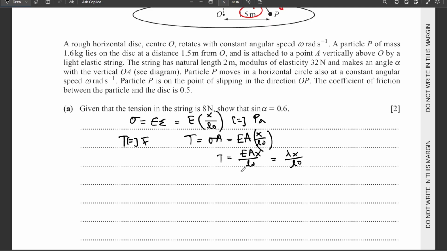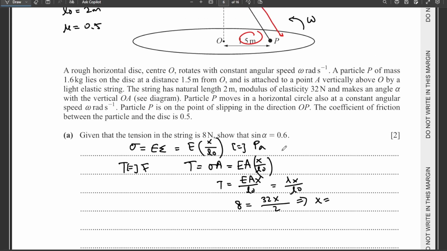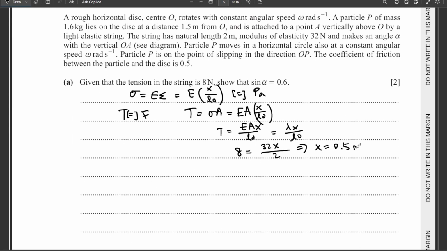So given this information, we know the tension is 8 newtons, the elastic modulus 32 newtons, extension is what we want to find, original length is 2. And you can get X, or the extension, to be 0.5 meters.